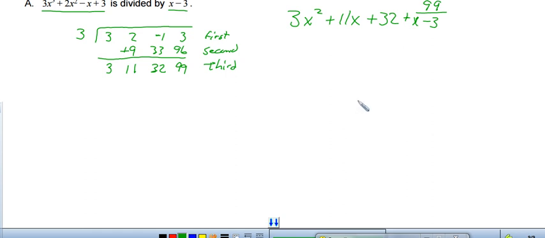Now, what was said in the notes before is that if you take this x minus 3 and you multiply it by the quotient, sorry, and then add the remainder, it should come out to this right here.